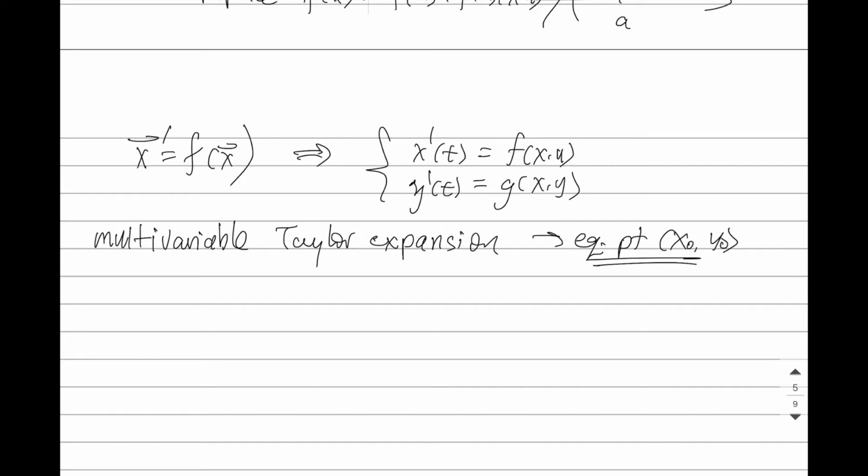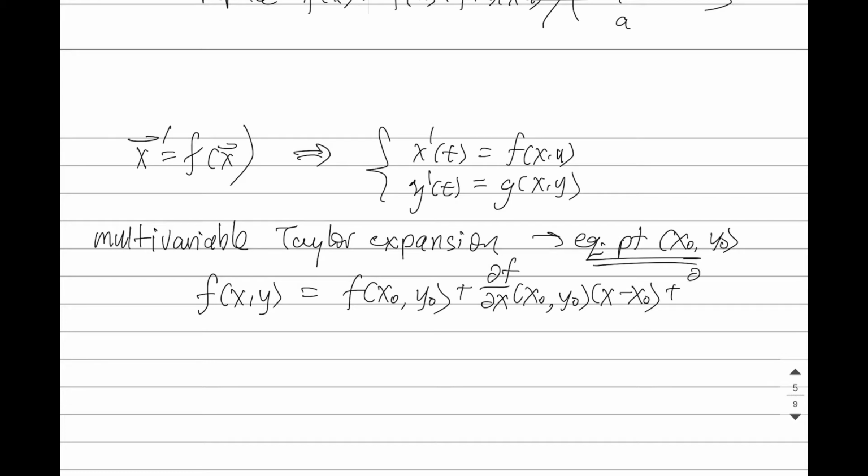It is possible to linearize, or have a multivariable expansion, about this equilibrium point, sometimes called a fixed point. What we could do is take that function, f of x and y, and expand in a very similar way to what we did for the single variable function. The major difference is that we've got multivariable functions, so we have to take the proper expansion and the proper derivatives.